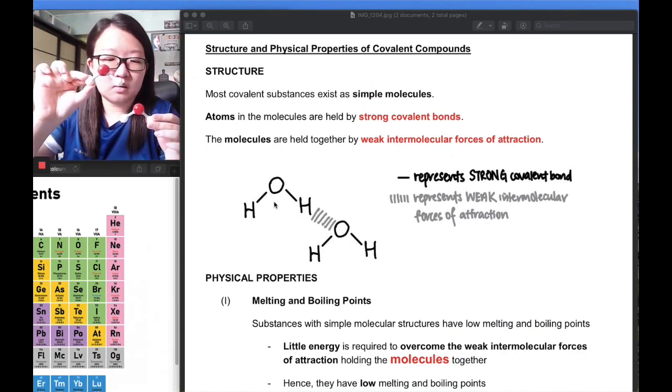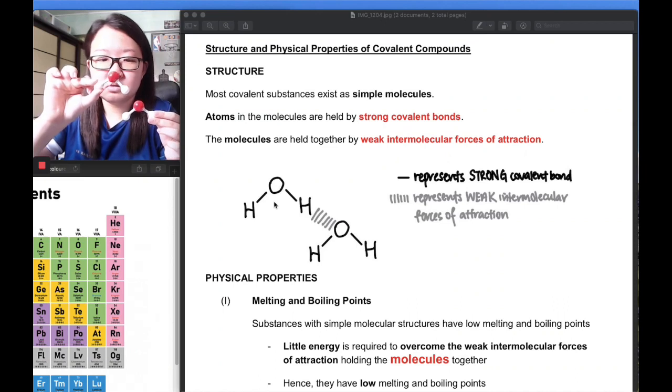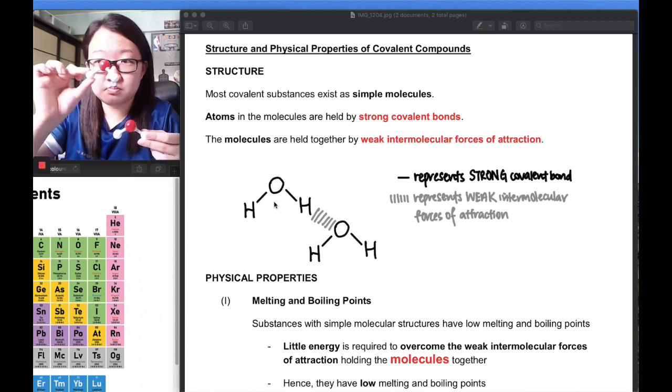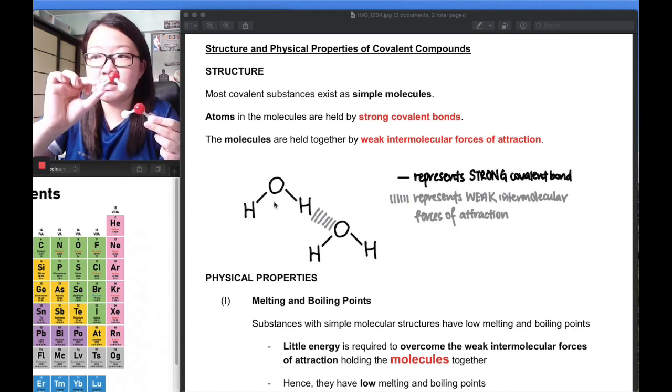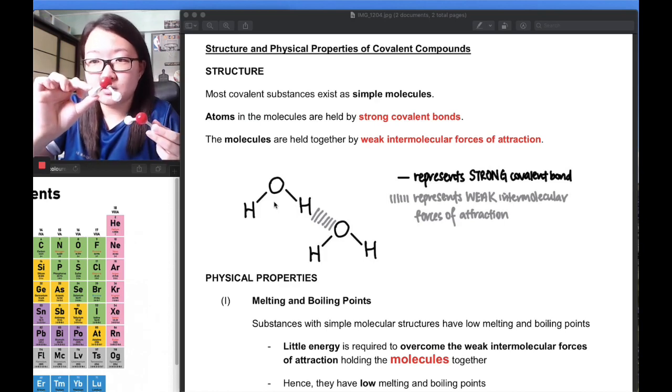But between the molecules, there's this invisible, you can't see, okay, but there's this weak intermolecular forces of attraction. So these forces of attraction, it's intermolecular, right? Means between molecules. So this is very weak, right? That's why it's called weak intermolecular forces of attraction.